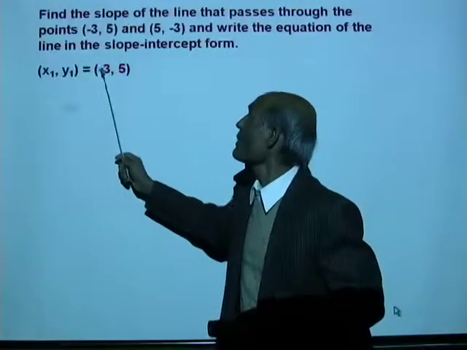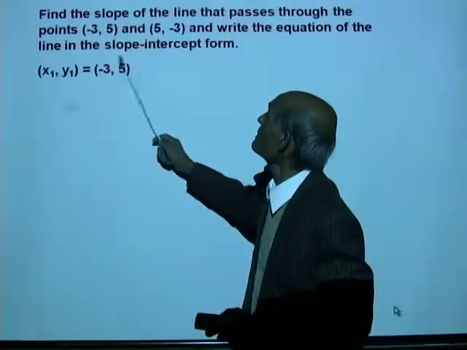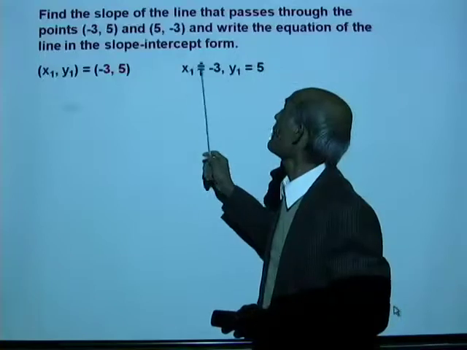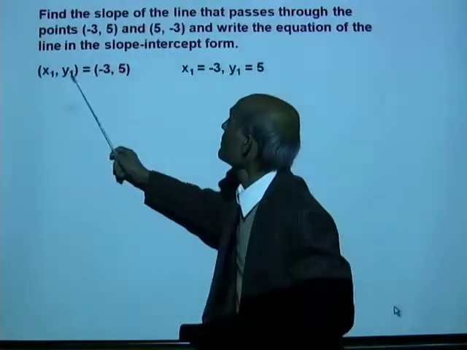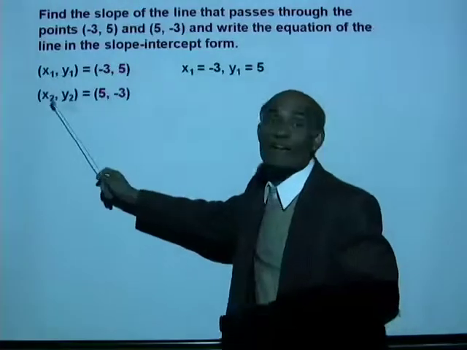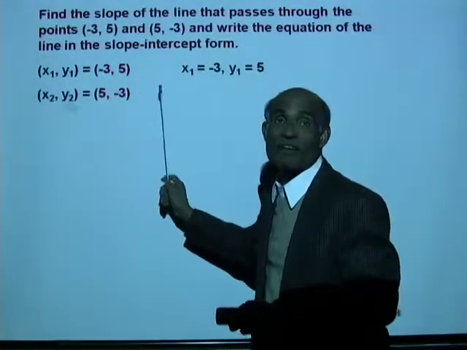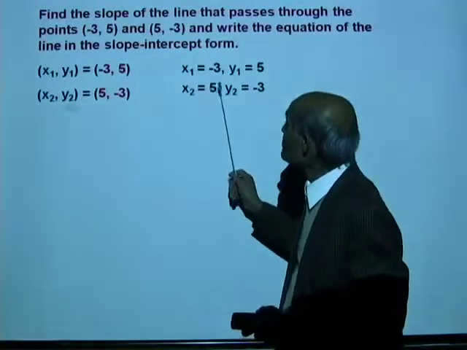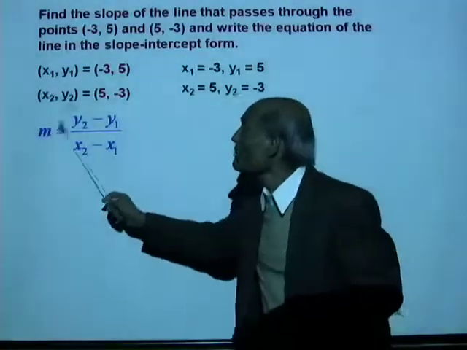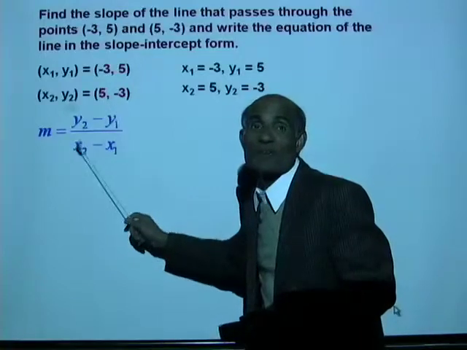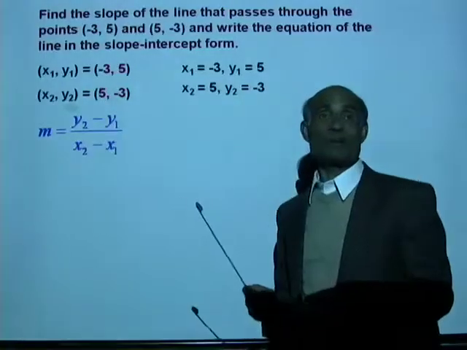Now, x1, y1 is (-3, 5), that's the first point. That means your x1 is -3, y1 is 5. x2, y2 is (5, -3), which means your x2 is 5, y2 is -3. So the slope is y2 minus y1 over x2 minus x1.